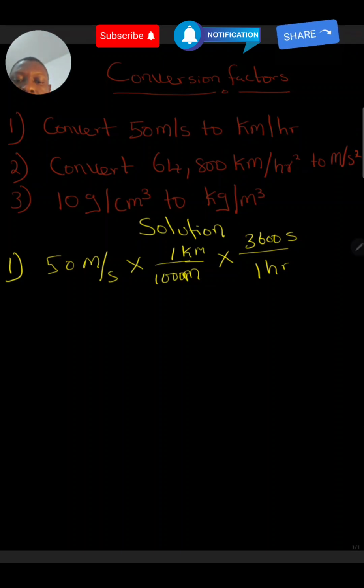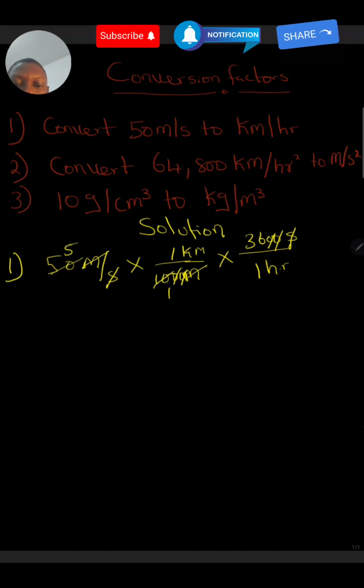So now, since we have gotten this down, we can easily cancel out. Seconds can cancel out seconds. Now, meter can cancel out meter. So we are left with kilometer and hour. You can see it now. So we can now easily cancel. 0 cancels 0. 0 cancels 0. Now, 10 into 50 is 5.